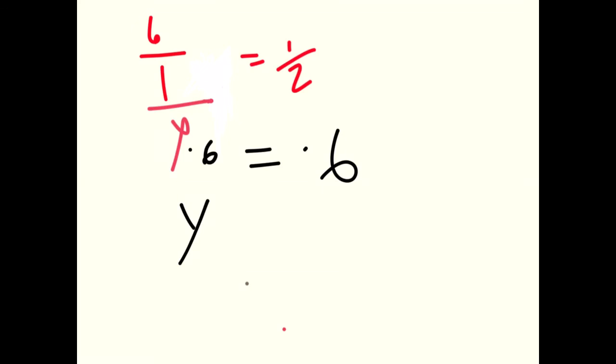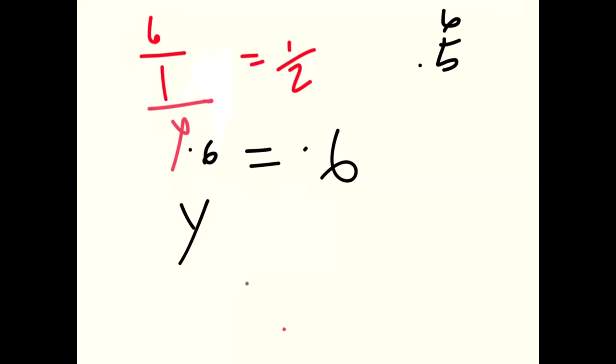And then 1/2 times 1/6. I'm just going to put it as a decimal, so 1/5 times 0.6, or, oops, just times 6. We're just going to multiply that.